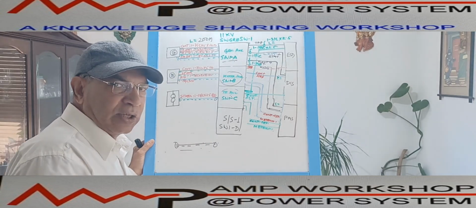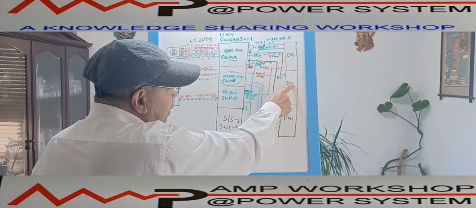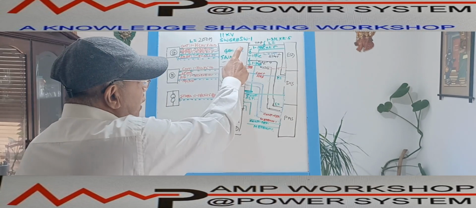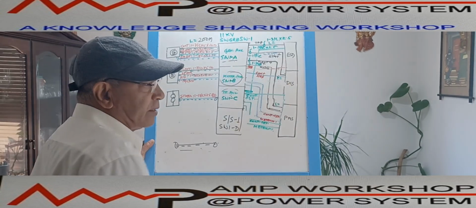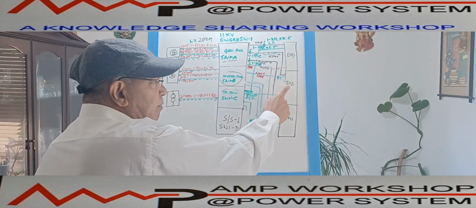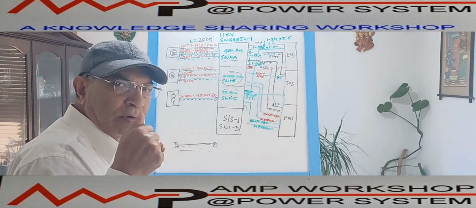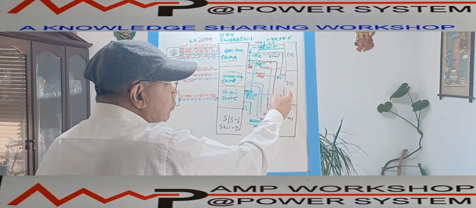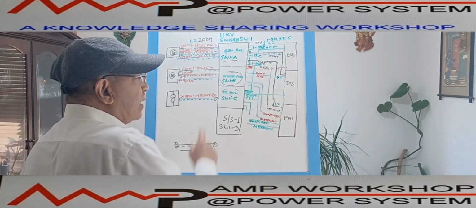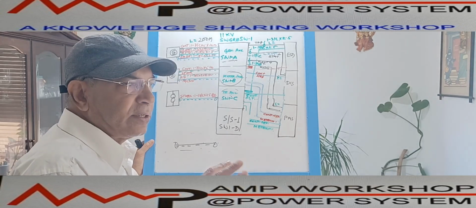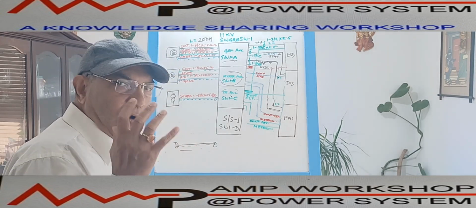Along with that, the status signal we bring from here to the DCS panel as a potential free contact. And in the reverse way, from the DCS we give the open close command, that command also goes from the DCS to the switchgear. So all this command and status signal we bring through a control cable.